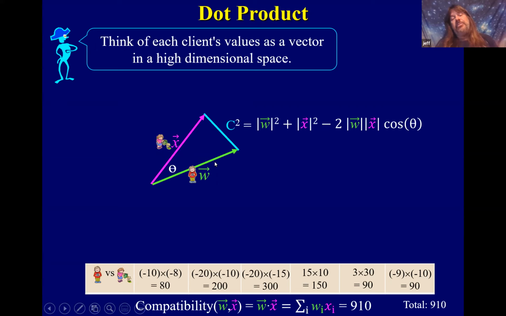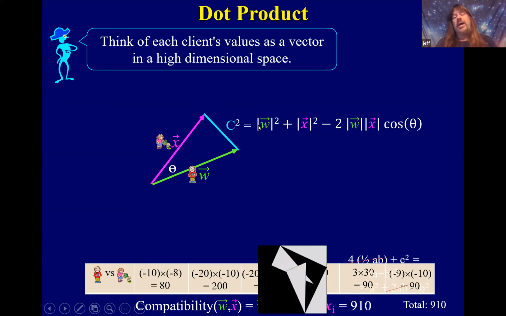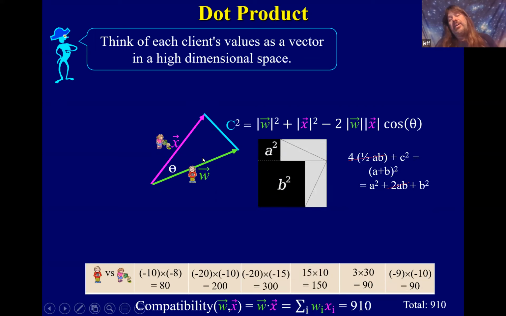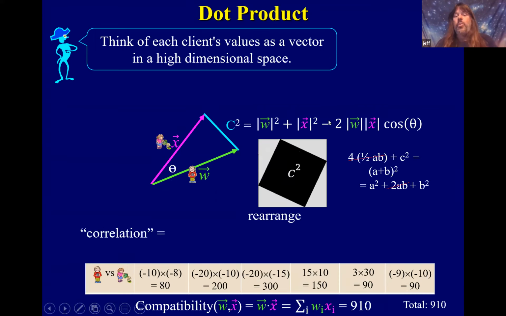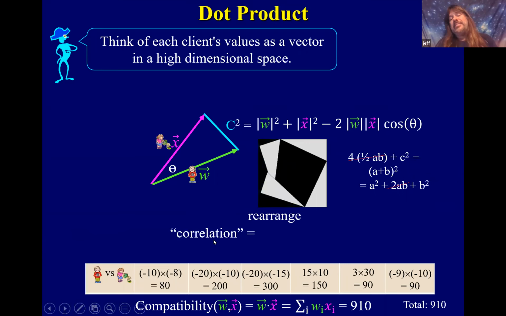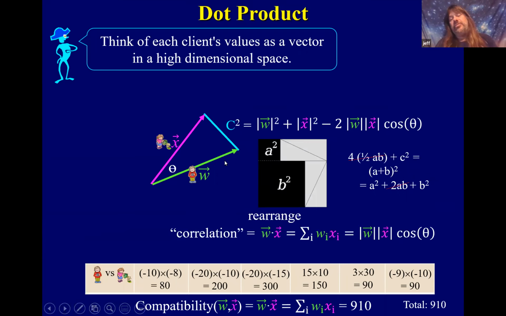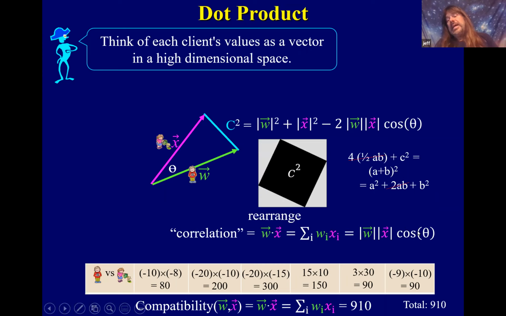If we think of these as vectors with various lengths, the same thing applies, and you can calculate the length of a vector using Pythagoras' theorem. Then you rearrange this equation, and what you get is that the correlation between these two vectors, which is the dot product, relates to the cosine of the angle here, for whatever that's worth.